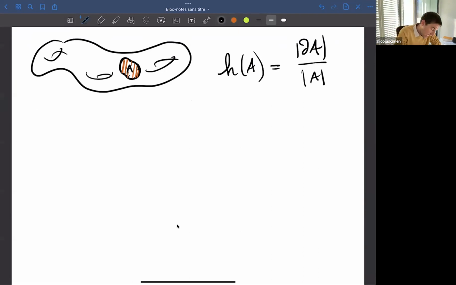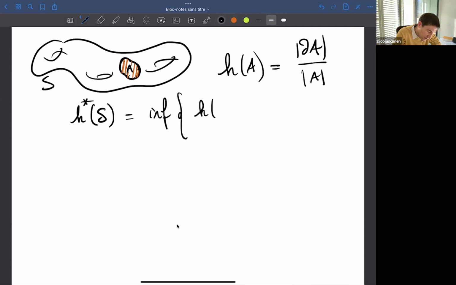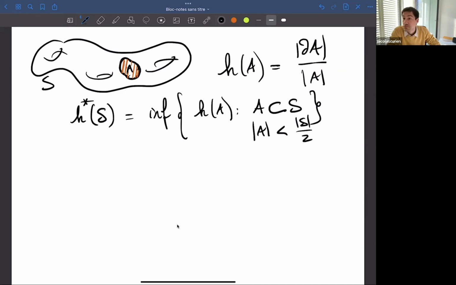Okay? And if I have my surface, S, what is the Cheeger constant of S? Same definition. It's the infimum over all H of A, where A is a subset of S, whose size is less than the size of S divided by 2. All right?